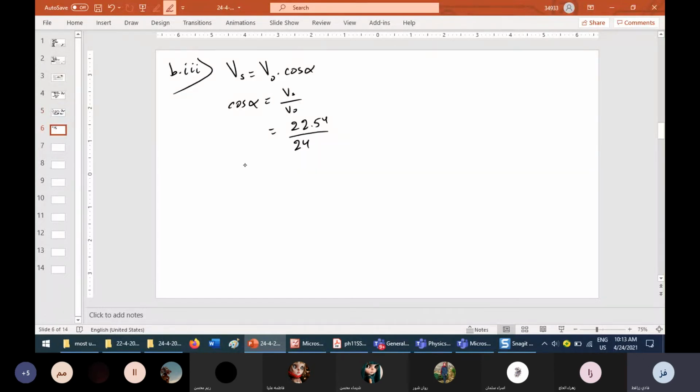I don't care for this answer, I care for shift cosine. Apply shift cosine directly, don't round. And be careful, the calculator must be in degrees. 22.54 divided by 24 gives alpha equal to 20.01 degrees.